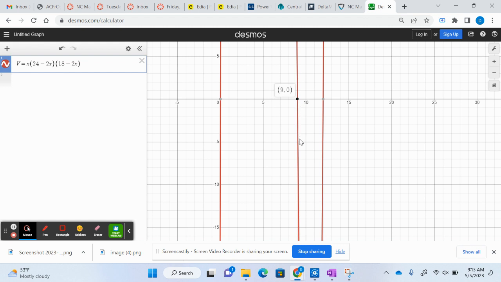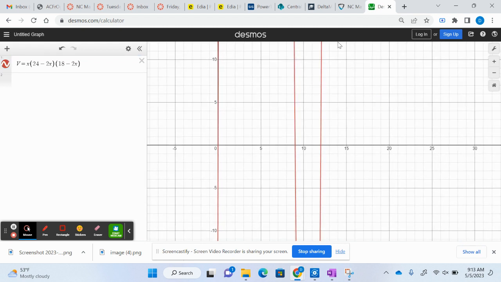Anything bigger than 9, like 9.1, 10, 11, is going to give me negative volumes. And then when X equals 12, I get a 0 volume again. And anything bigger than 12, I go back to the positive side.